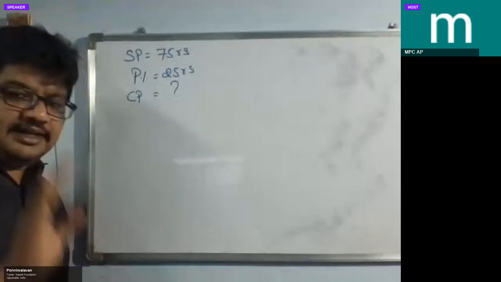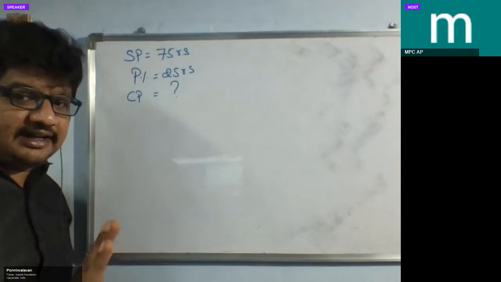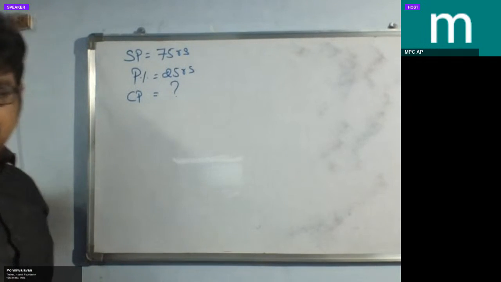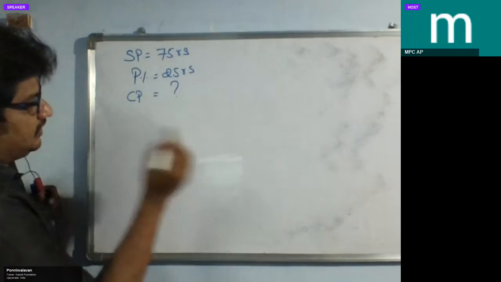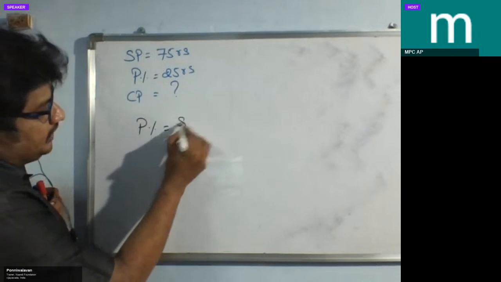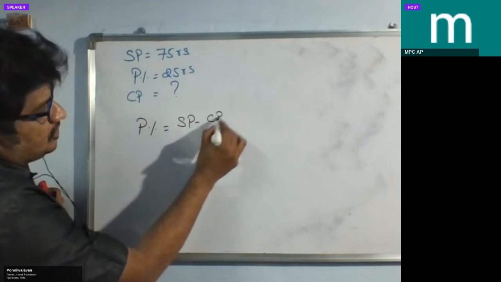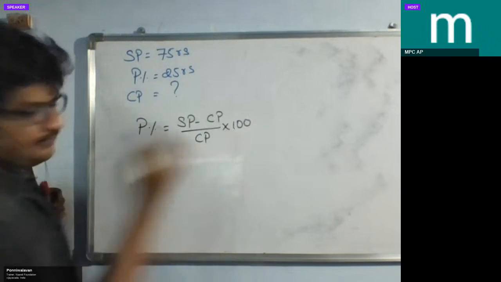Okay, listen carefully. We can calculate it in two methods. First one: the profit percentage formula, we know that it is (selling price minus cost price) divided by cost price into 100.